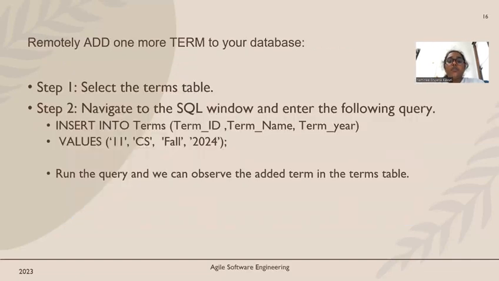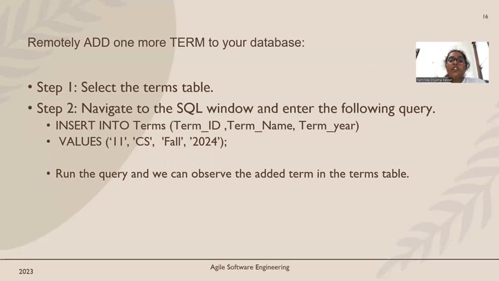Now remotely adding one more term to your database. So select the terms table, and as we are adding terms, we have to select the terms table in particular. Again navigate to SQL window and enter the query to add one more term. So insert into terms. Here we can clearly understand that we are using the insert function to enter the extra data. According to our terms table, we have term ID, term name, and term year as columns.